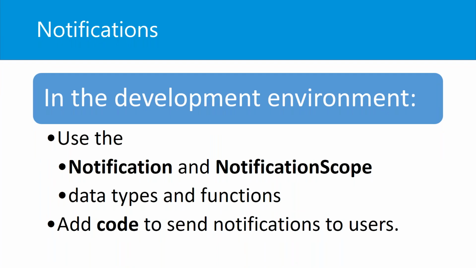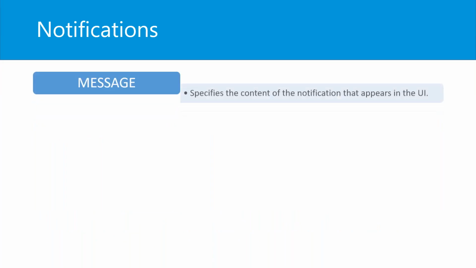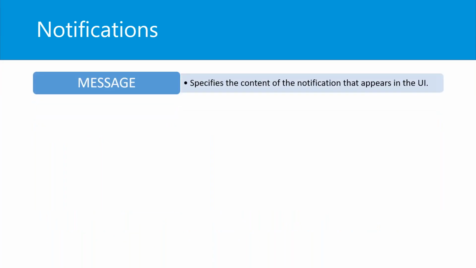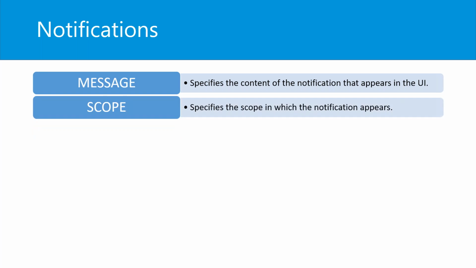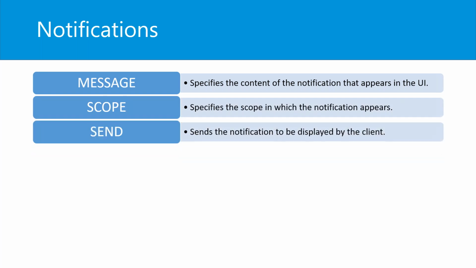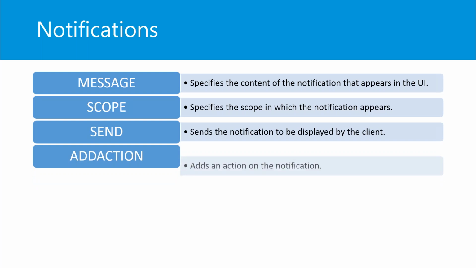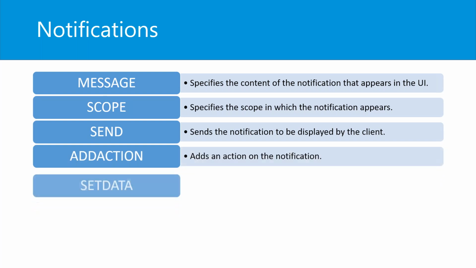So as developers, we can use the notification and notification scope data types and functions, and we can write code to determine what will happen and how it will happen. We have a message function to specify the content of the notification. There is a scope function to specify the scope, local or global. The send function sends a notification to the user interface, or to the client. Add action determines which action or actions you would like to have available.